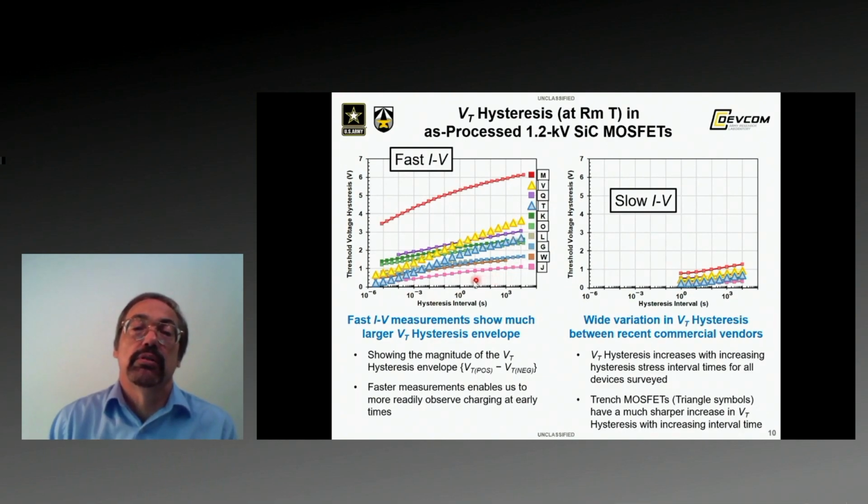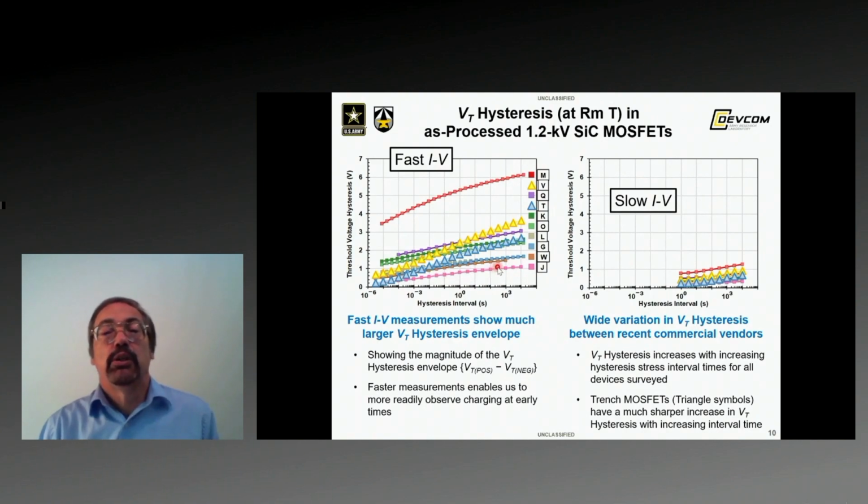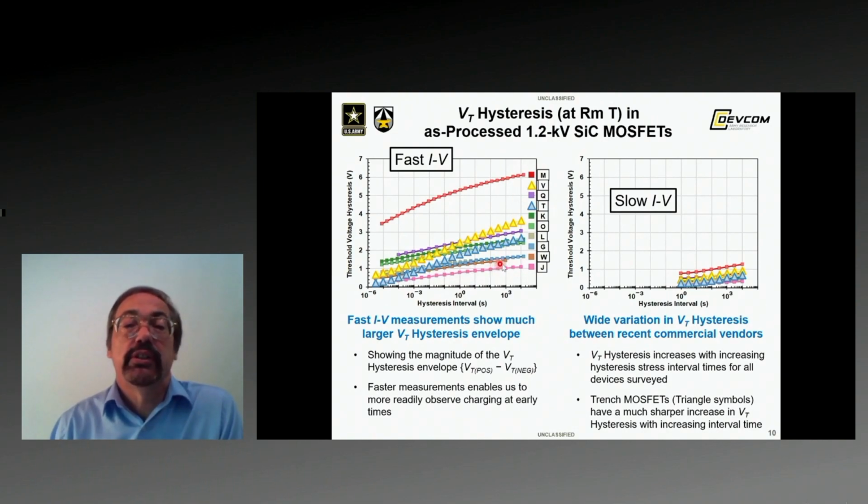And we always observe, as you would expect, that the hysteresis magnitude increases with increasing interval time. It's interesting to note that the two trench devices from two different vendors had a sharper increase in the observed VT hysteresis with increasing interval time.